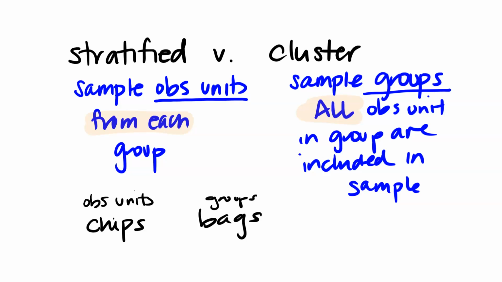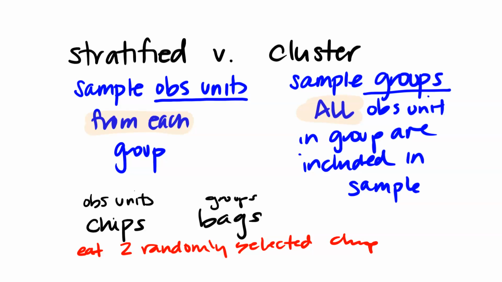So if I were in that quality control situation doing a stratified sample, I would eat maybe 2 randomly selected chips from every bag in the entire store or in the entire plant. So this would be a great sampling method, right? Because I would make sure every bag was great, but I'd also ruin every bag in the process. But again, I'm sampling the chips, and then I've got that keyword of "from every" or "from each," saying that this is going to happen to every single bag, every single grouping mechanism that we had.